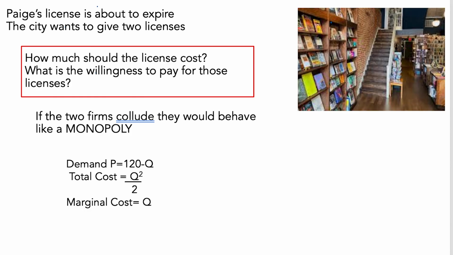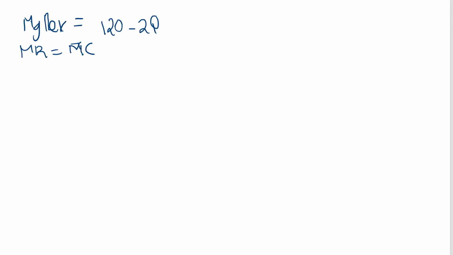So remember what we did before with the monopoly. We have a monopoly getting the marginal revenue given by 120 minus 2Q. The marginal revenue equals marginal cost at the point of maximization.